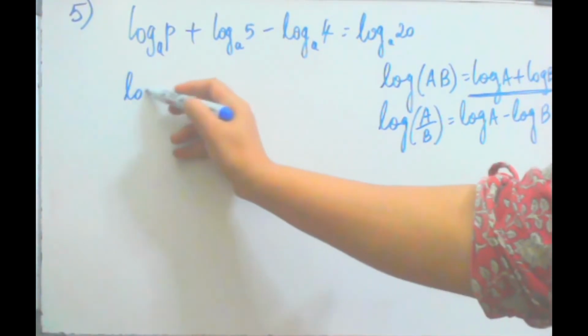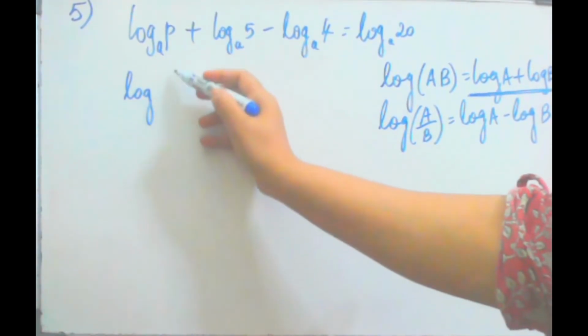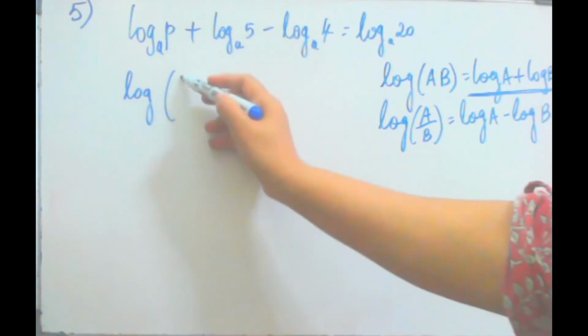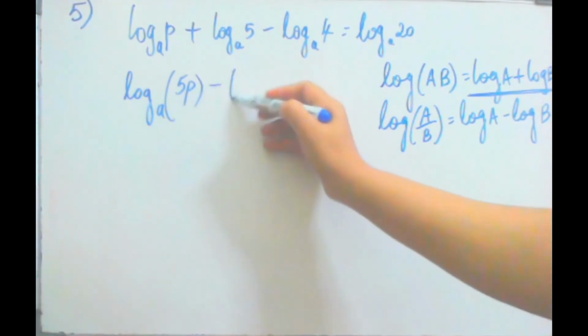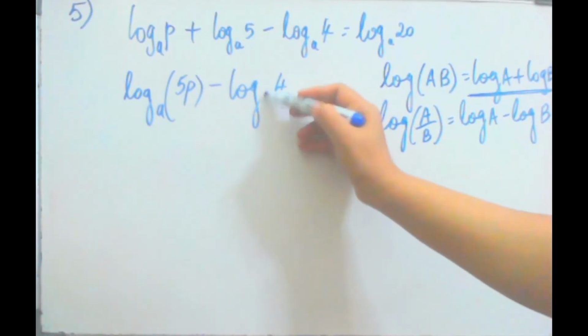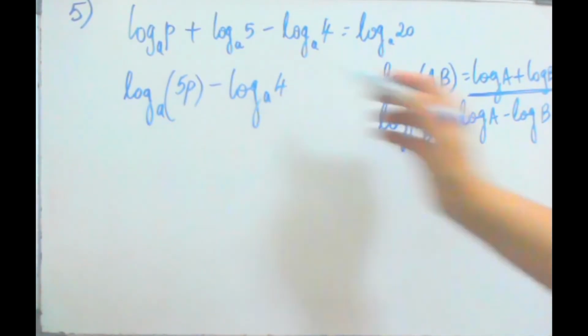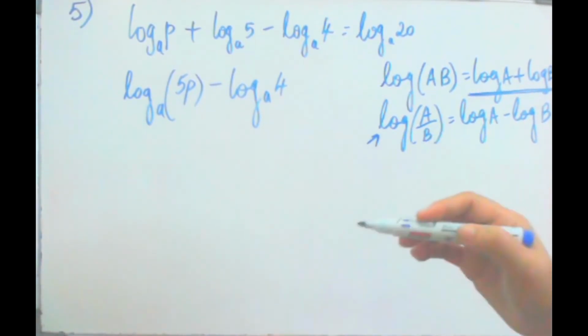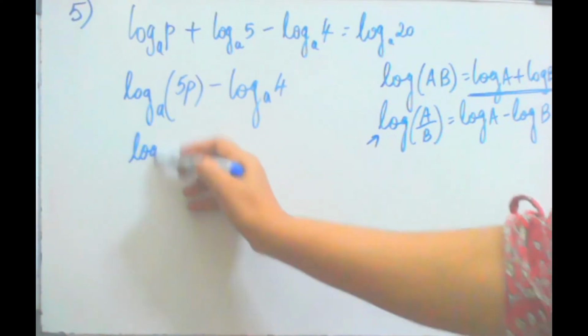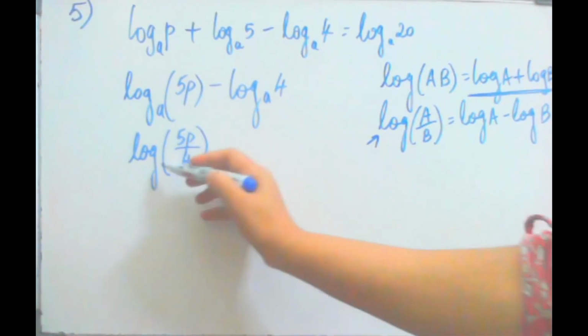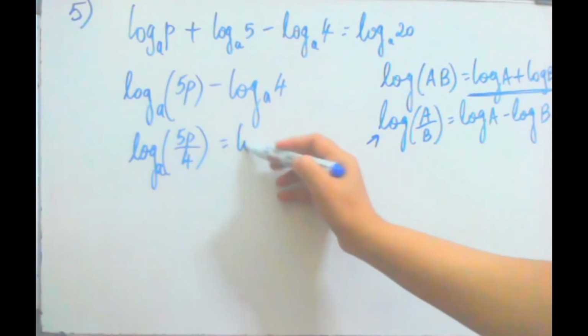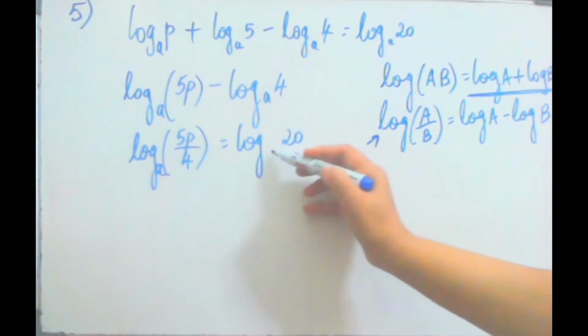So these two terms we can write as log 5p to the base a minus log 4 to the base a. Now here we will apply the second one. We will combine both of them and write log (5p over 4) to the base a is equal to log 20 to the base a.